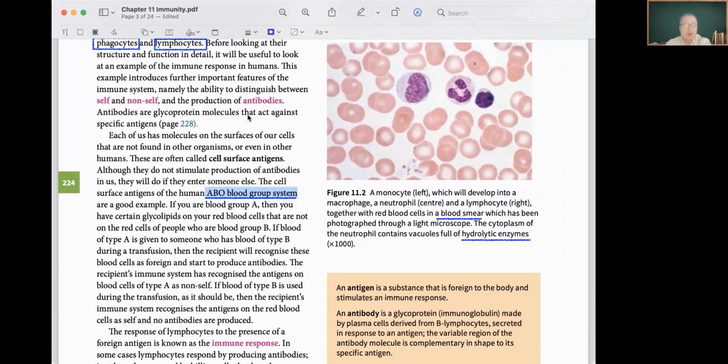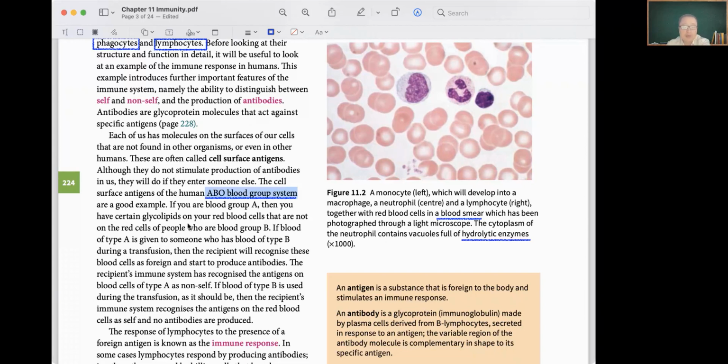Well, why is blood regarded as type A, type B, type AB, or type O? That depends on the antigen on the surface of the blood cell. If the antigen on the surface of the person's blood cell is type A, that person has type A blood.